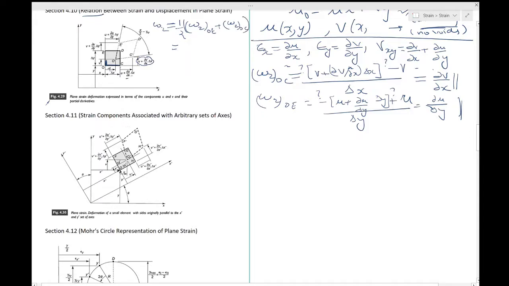This is equal to half of dou v by dou x minus dou u by dou y.